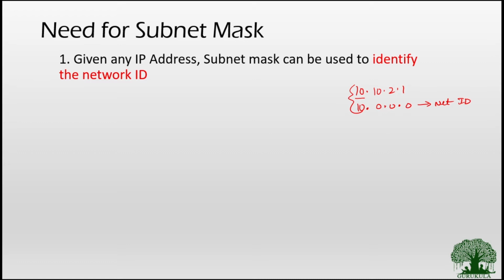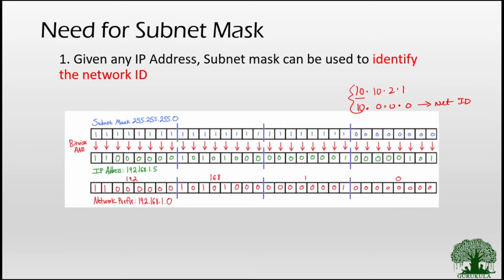In case I am using a classful address, say for example, let us assume that this IP address is from the subnetted address space. In that case, we cannot identify the network ID of that particular address. So there we will be using the subnet mask. As you can see, this is the given IP address. Here the IP address that we have taken is 192.168.1.5.